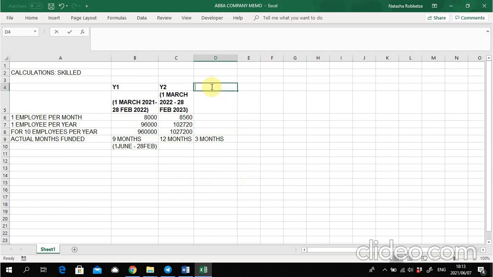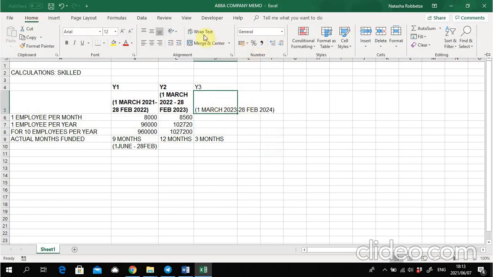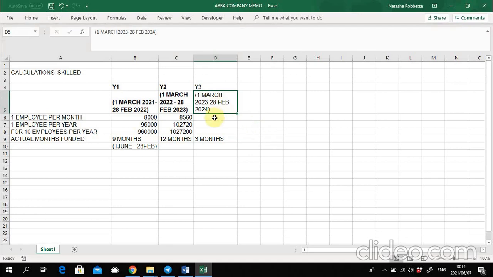So I'm going to add year 3, which is going to be 1 March 2023 to 28 February 2024. Here I now need to do the calculations for this year as well so that I am able to fund 24 months with this subsidy.